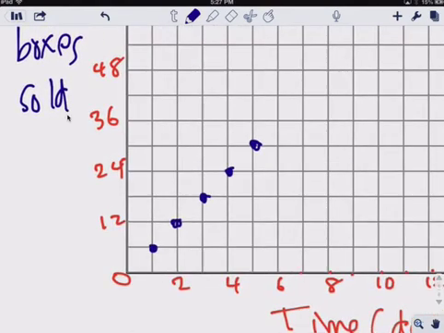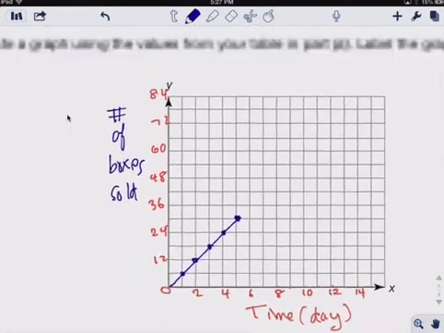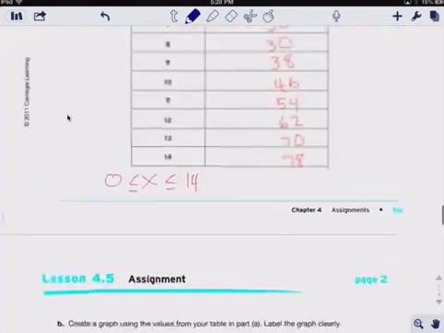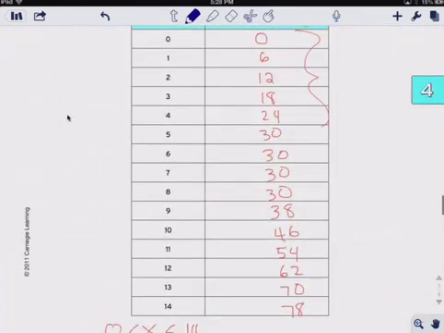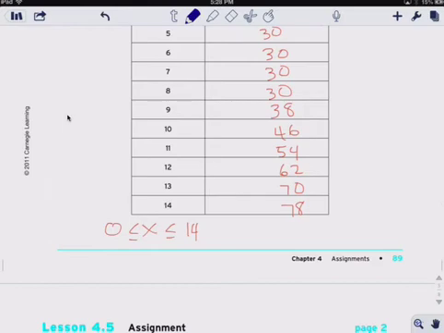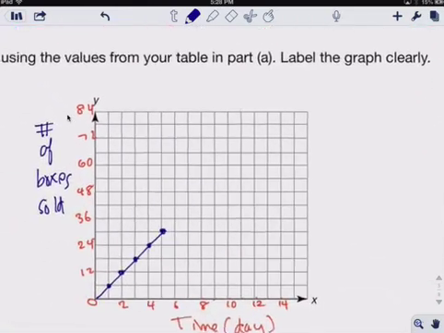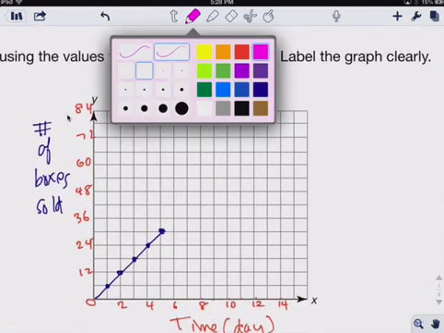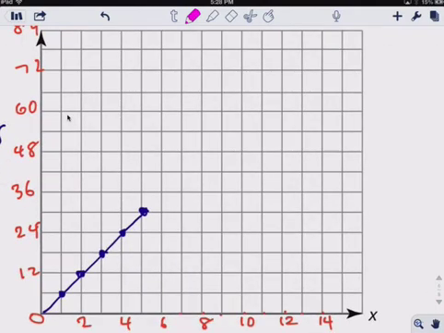Counting by 6. Okay. That's the first one. And then they went on vacation from day 6 to day 8. They stayed at 30 because they're on vacation for 3 days.